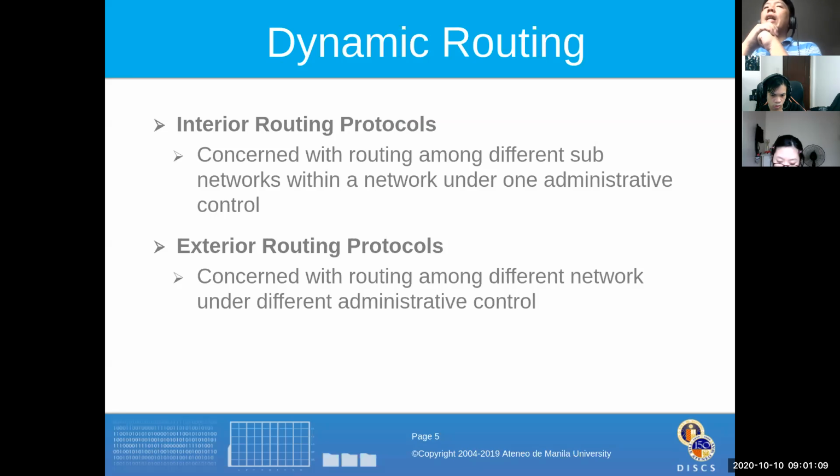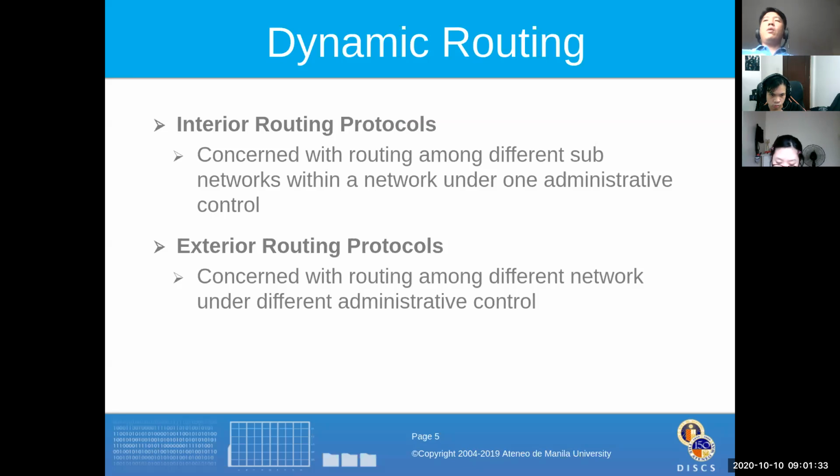Which is nice because it's all automatic. So there are 2 major classes of dynamic routing protocols. One is called interior routing protocols. This is for routing within a single administrative domain. So this is a network within one administrative control. So for example, the Ateneo de Manila University is part of one administrative network because the network administrators of Ateneo control every element in the Ateneo network.